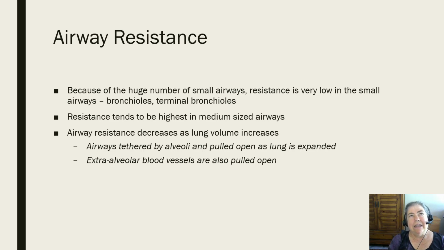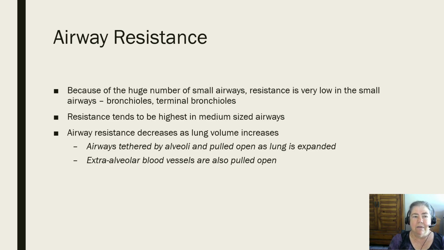Resistance in the breathing tubes is different, again, than in the vasculature. If you remember, the site of greatest peripheral resistance in the vasculature is the very small vessels, the arterioles.